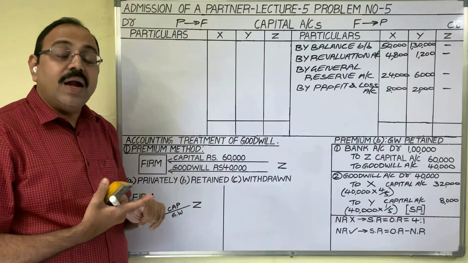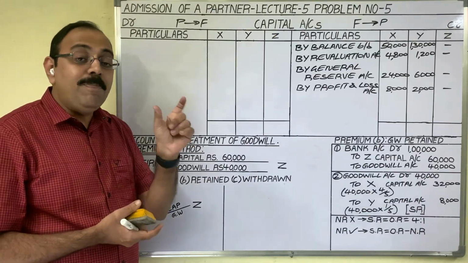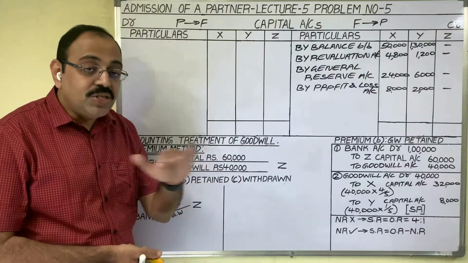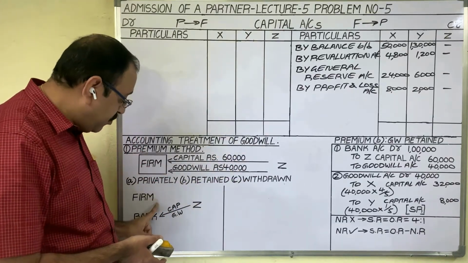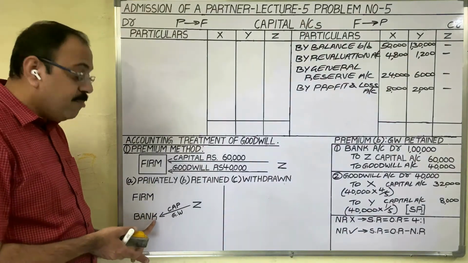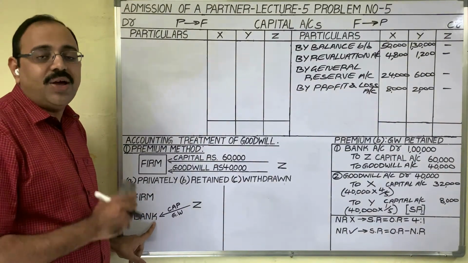In the question, under the asset side, he has given bank balance. Cash balance is not there. Therefore, while writing the journal entry, we have to take bank account as one account.